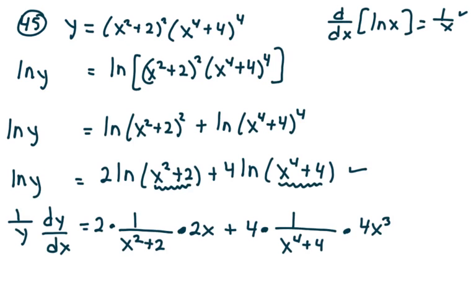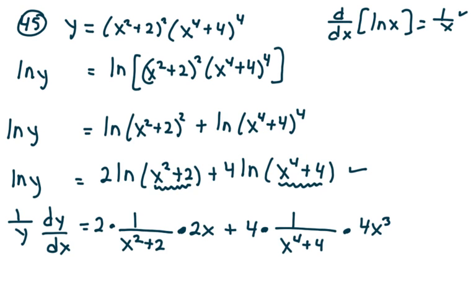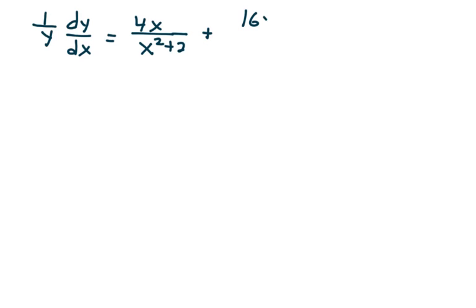And so this says 1 over y dy/dx is equal to 4x over (x squared plus 2) plus 16x cubed over (x to the fourth plus 4).